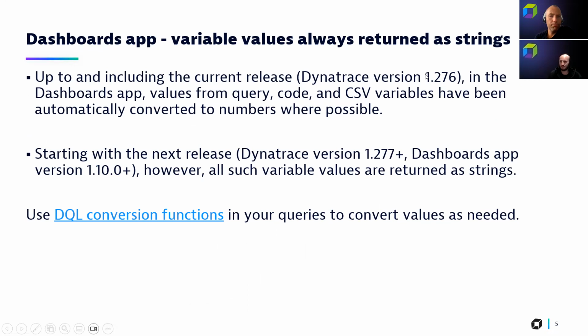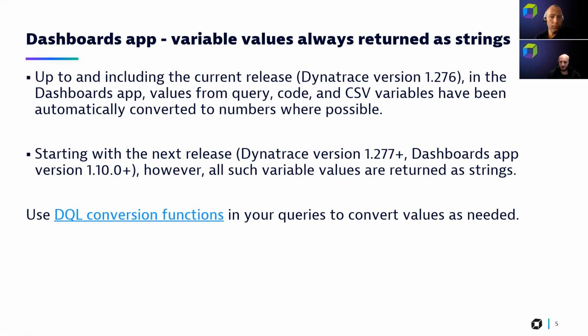The first one that we have is with the Dashboards application. With the new dashboarding app, up to and including the current release, the values from your query, code, and CSV variables have been automatically converted to numbers where possible. But now, starting with this new release, within this application, all such variable values are returned as strings.